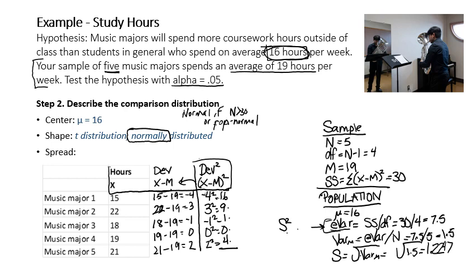And that is spread. Spread is going to be indicated as the standard deviation for the distribution of means. I forgot our little M here. For the distribution of means, which equals 1.2247.